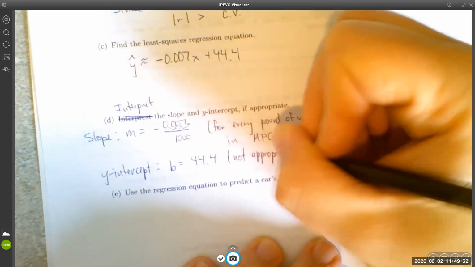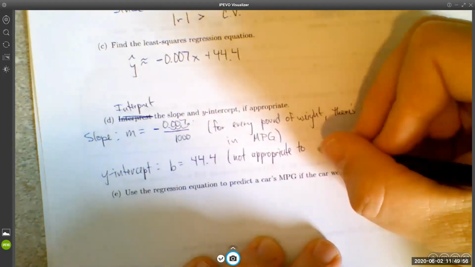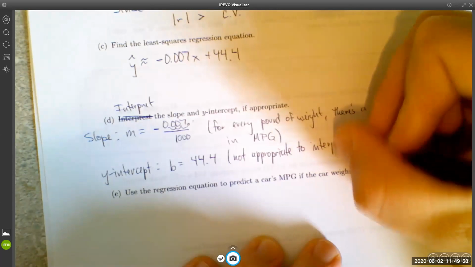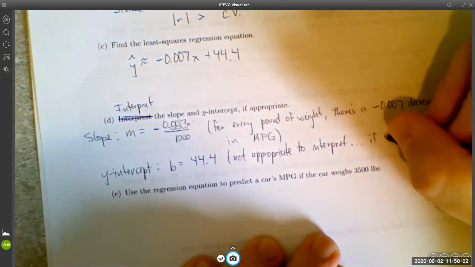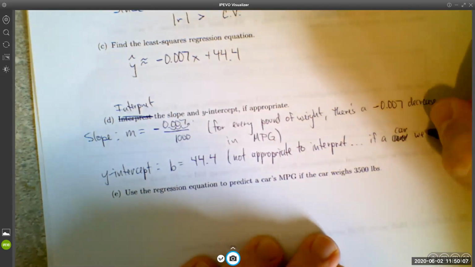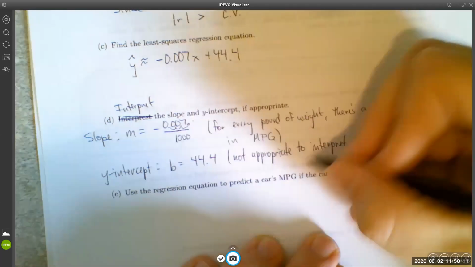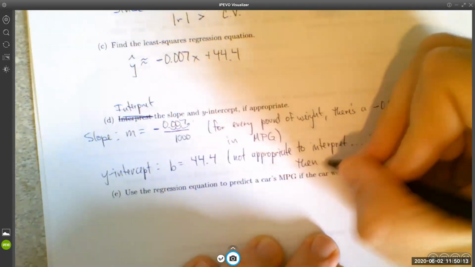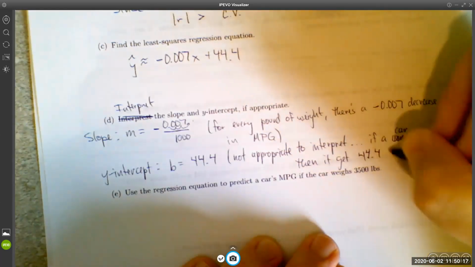It's not appropriate to interpret, right? It would mean if a car weighs 0 pounds, then it gets 44.4 miles per gallon.